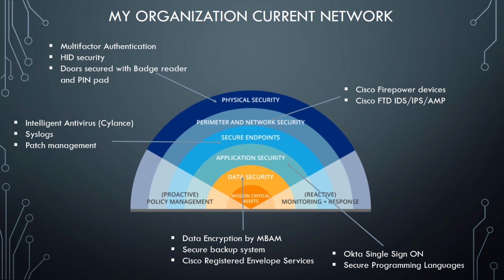And for the mission critical assets, we have our internal software and applications. In the next slide, I will talk about the recommendations for our current network to make our data and network more secure.